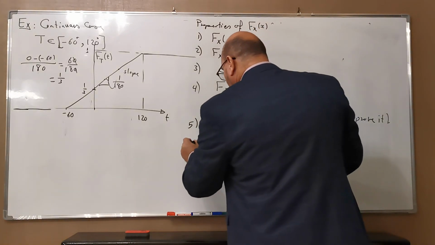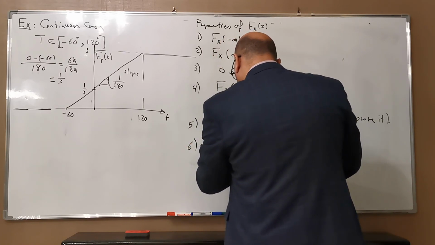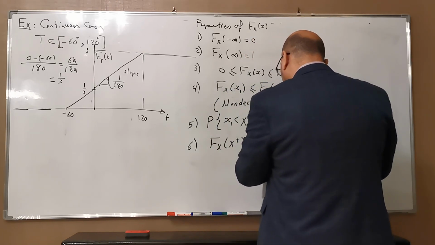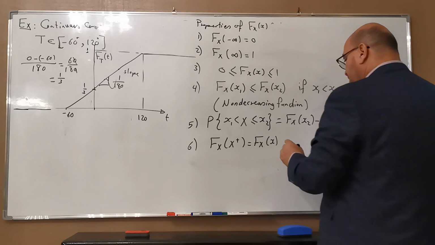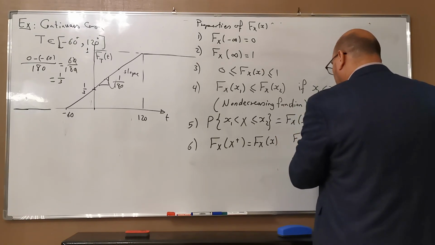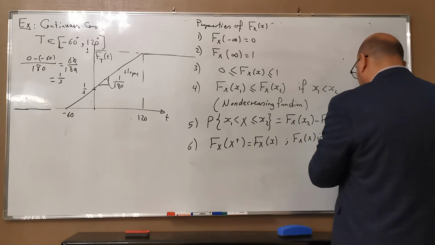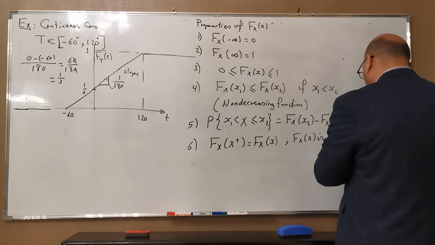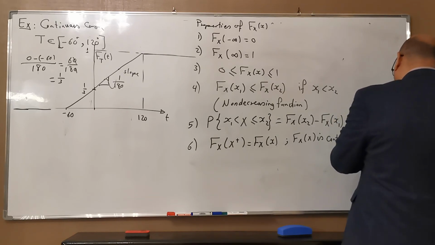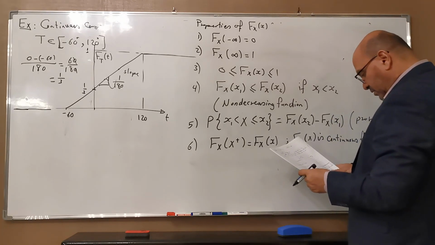Okay, and last one, 6, fx of x plus is equal to fx of x. This means that the function fx of x is continuous from the right.